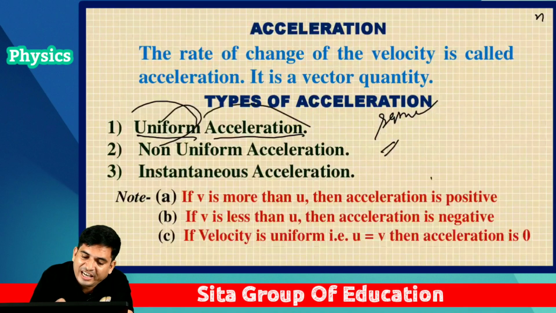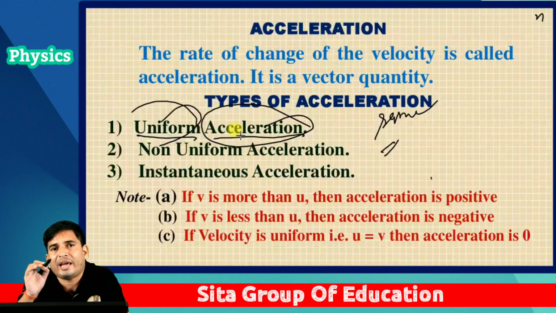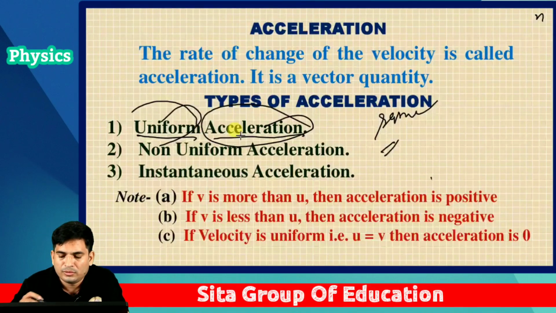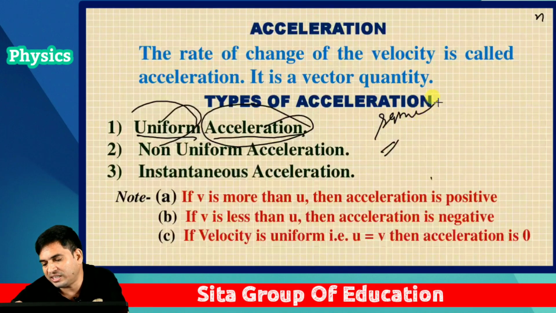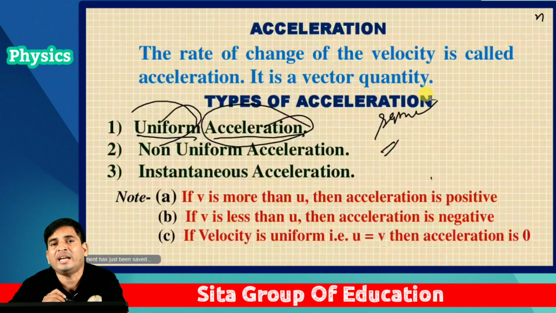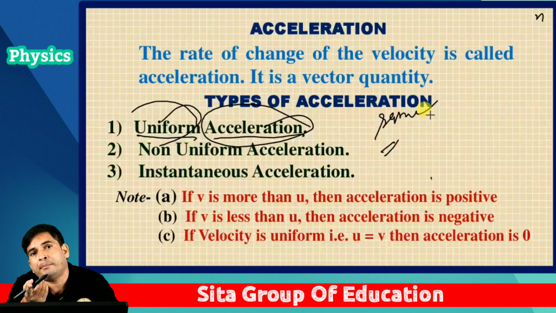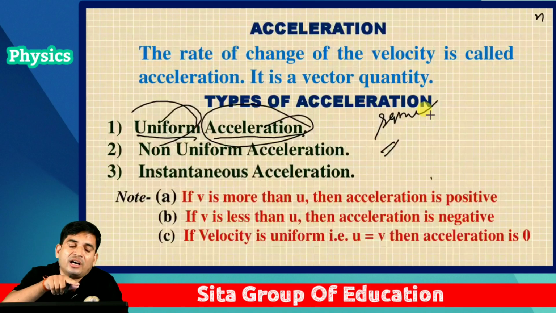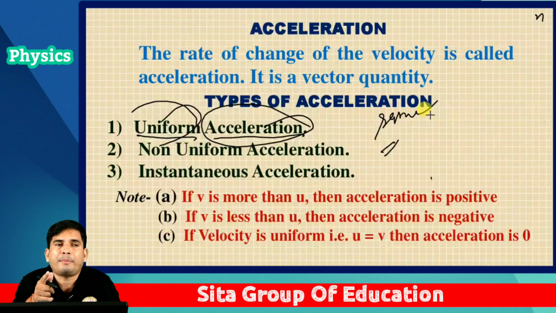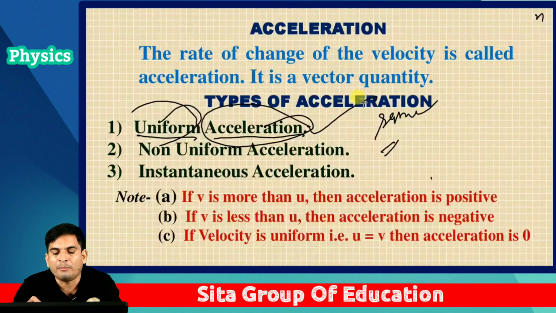Uniform acceleration means you find equal change in the velocity in equal intervals of time. In equal per unit interval of time, equal change in the velocity, such type of acceleration is known as a uniform acceleration.